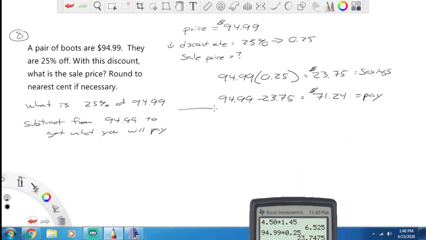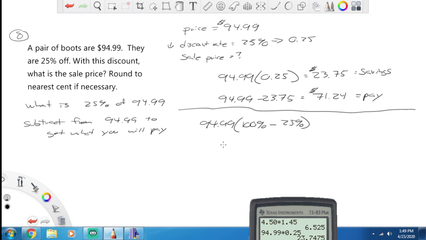Right? And we'll look at it the way that Eli suggested for the markup, where you do 94.99 times 100% minus 25%. Remember, for markup we had a plus sign there. Here we have a minus for discount. And that's where Eli is getting his 75% from.